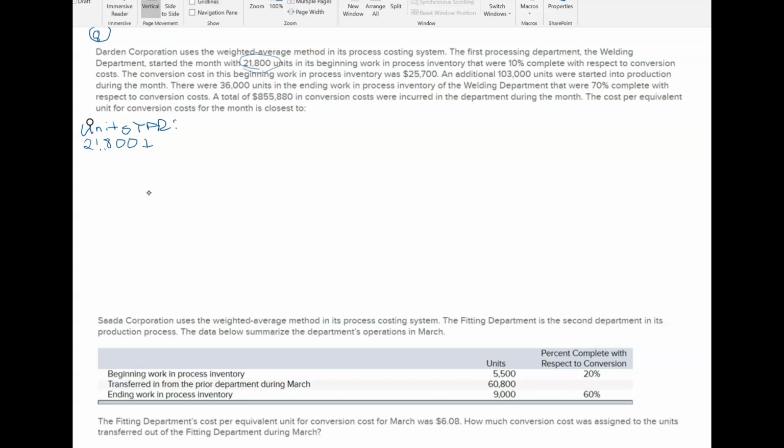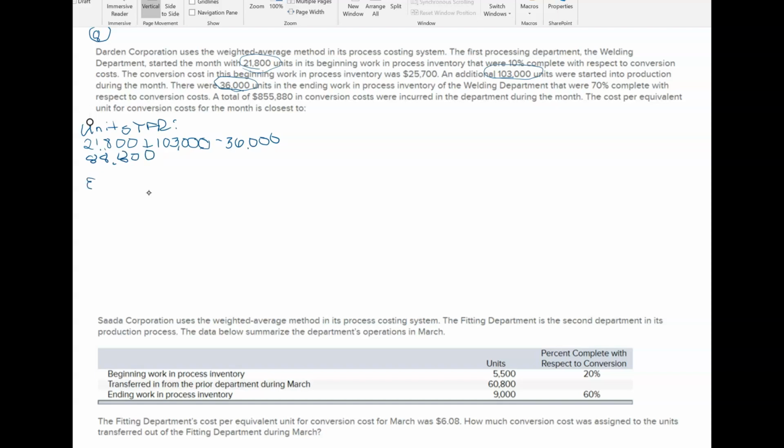Plus what was started that month, and it says an additional 103,000. And then we subtract the ending work in process, and the ending work in process was 36,000 units. That is 88,800.